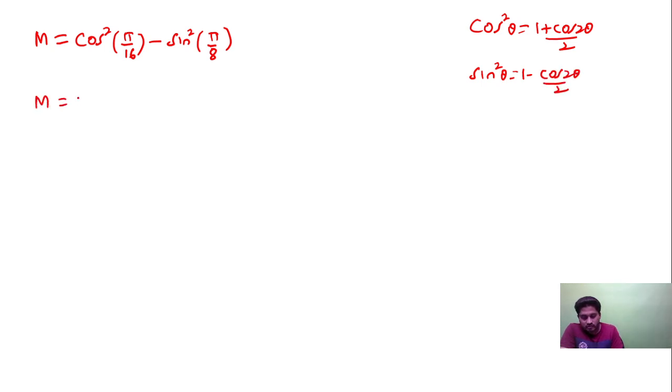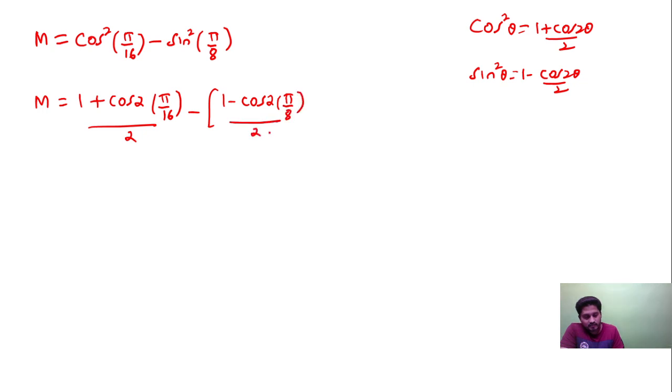So cos square will be equal to (1 plus cos 2 into theta) divided by 2, and sin square theta will be equal to (1 minus cos 2 theta) divided by 2.